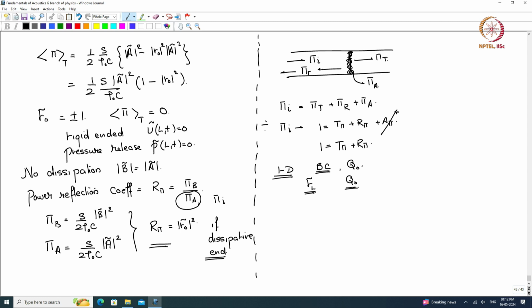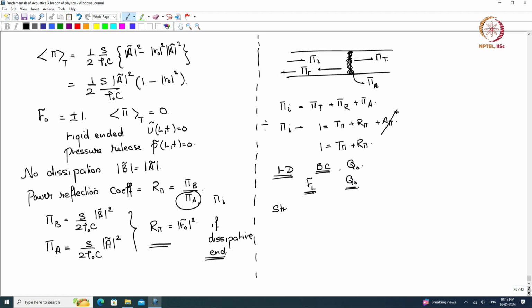So, with this I will close the 1D acoustic portion. What I carried out here is more than what we did with strings and bars. With strings and bars we looked at the 1D equation and many things came out.